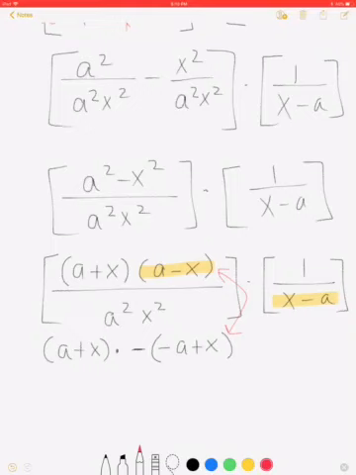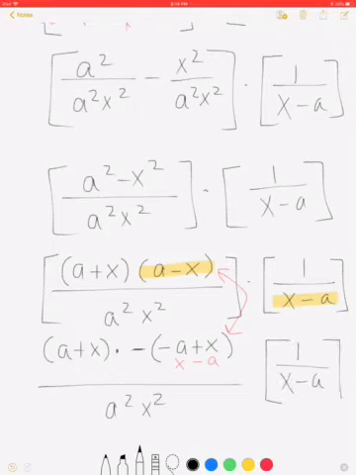That negative a plus x is the same as a minus x, so if you distribute that negative. So whenever you have this issue, you can use that negative sign as a little trick. Because now, negative a plus x is the same thing as x minus a, isn't it? All over a squared x squared times 1 over x minus a.